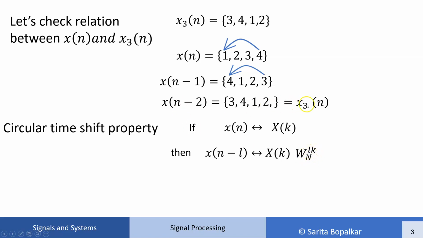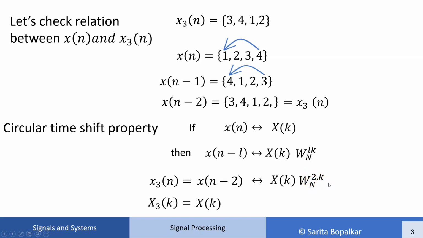Here L is 2 because our x3n is the same as x of n minus 2. So using the circular time shifting property, the DFT of x3n is x of k times W_N^{2k}. So X3 of k is equal to X of k multiplied by W_N^{2k}.